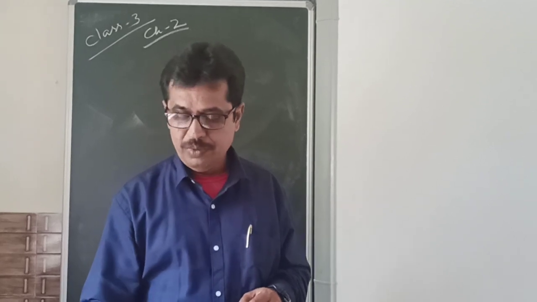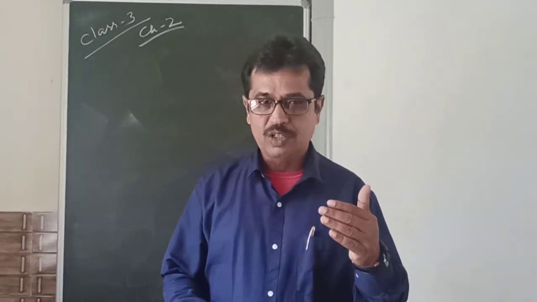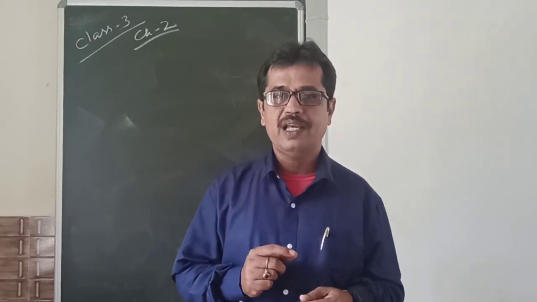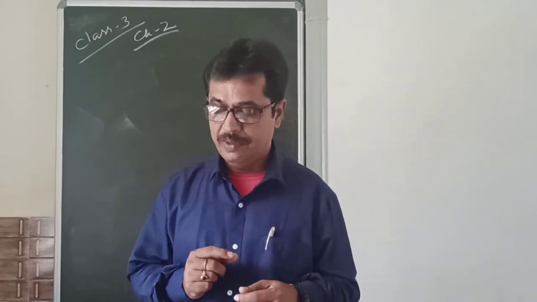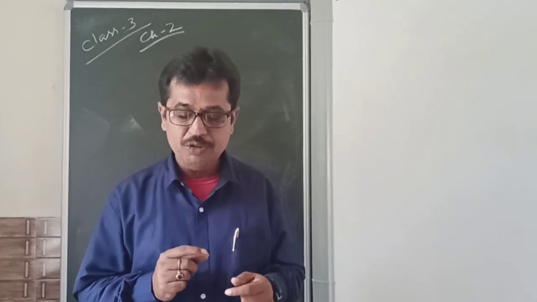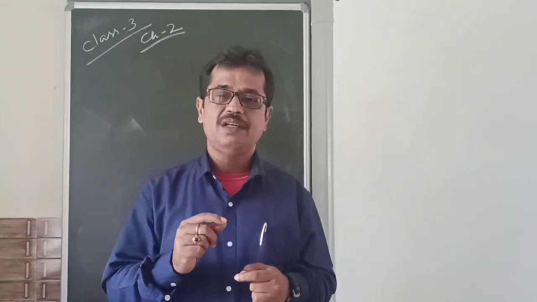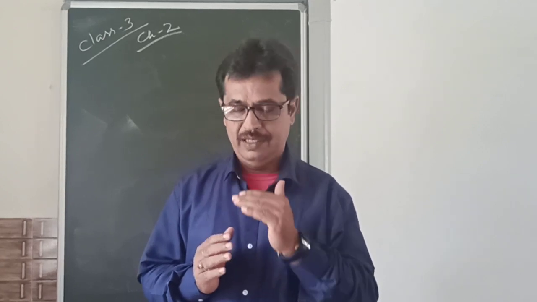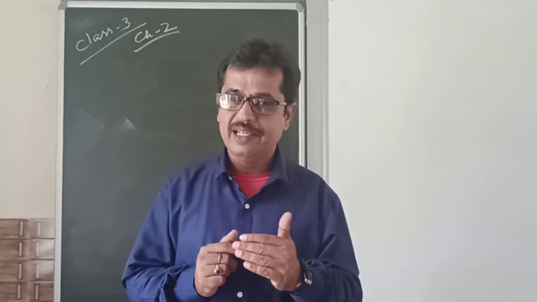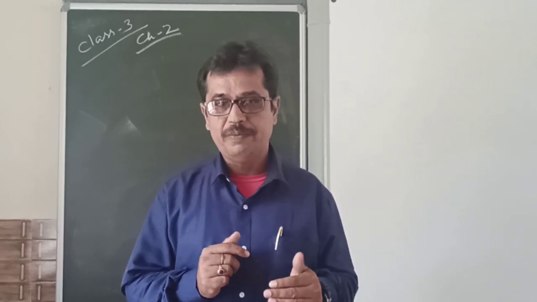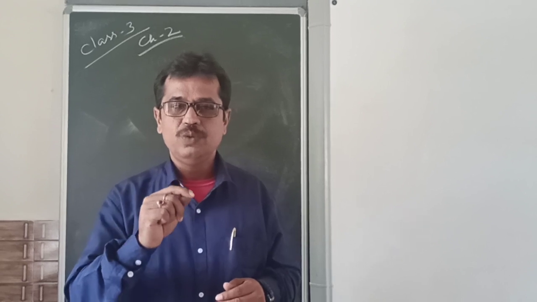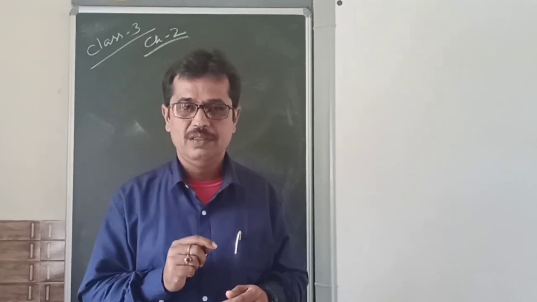Now let's move to the next topic, that is arranging the desktop icons. How can you arrange your desktop icons? For that, first right click on the blank area of the desktop, then move your mouse pointer to the view option.